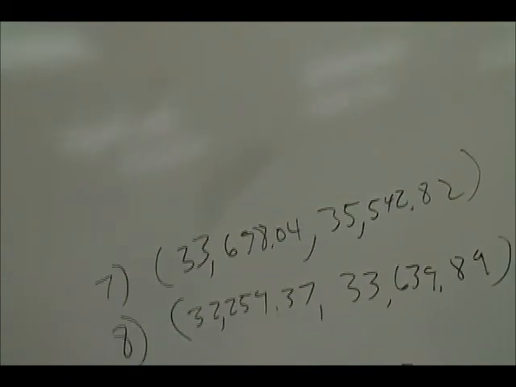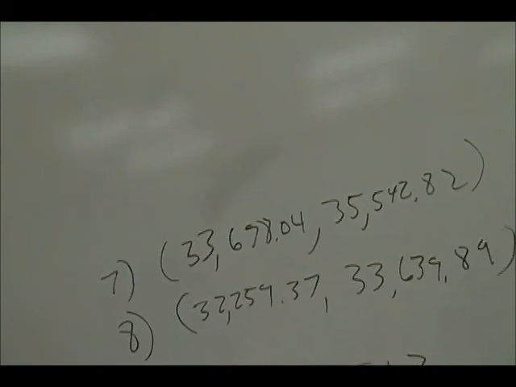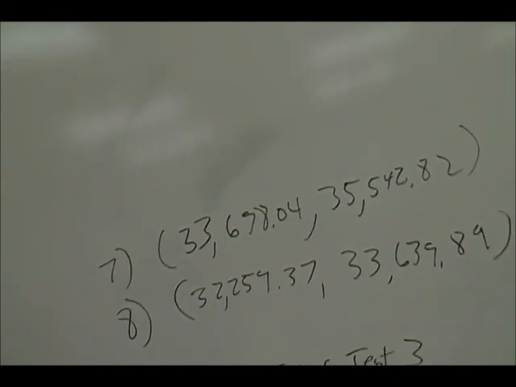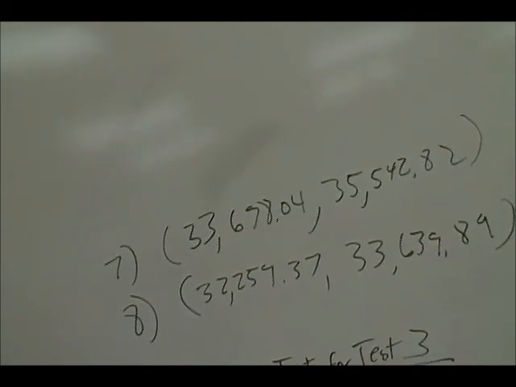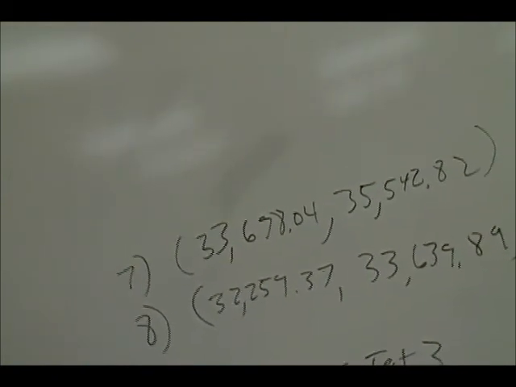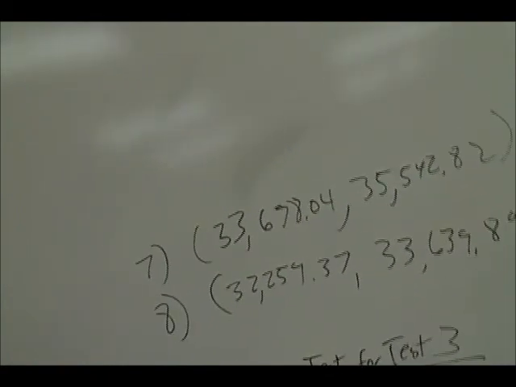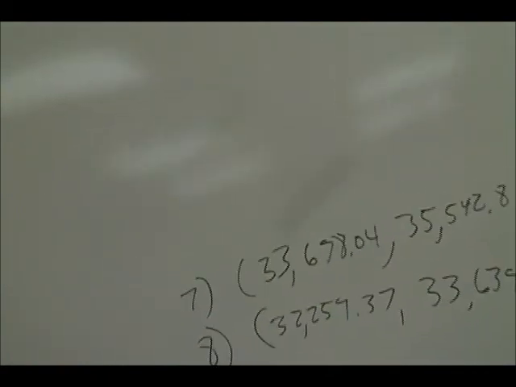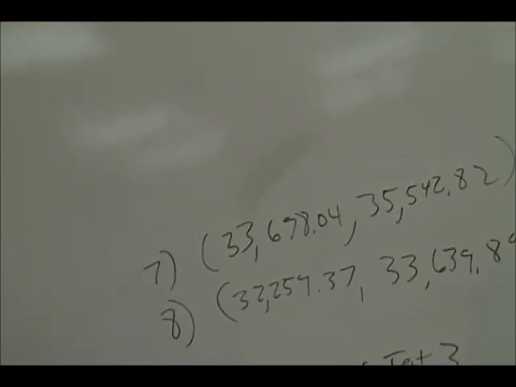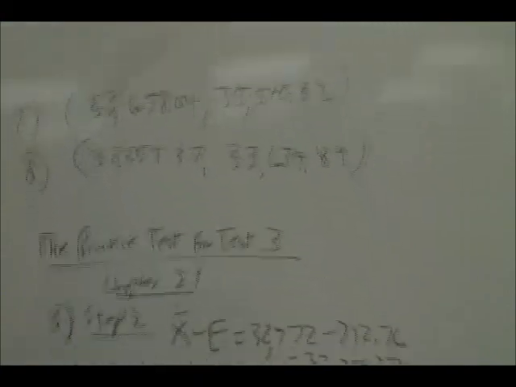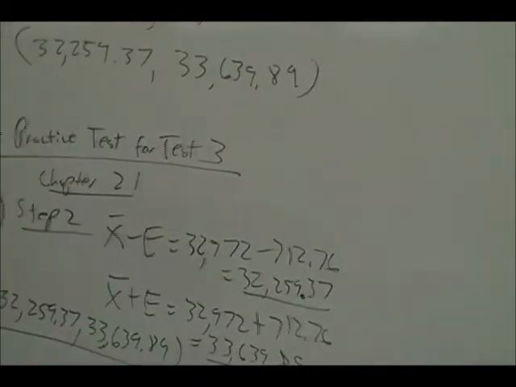So there is no overlap between them. The interval from problem 8 goes up to 33,639, and the interval for problem 7 doesn't start till you get to 33,698. So the largest number in the interval for problem 8 is still smaller than the smallest number for the interval in problem 7. So what that means is the two intervals do not overlap one another.